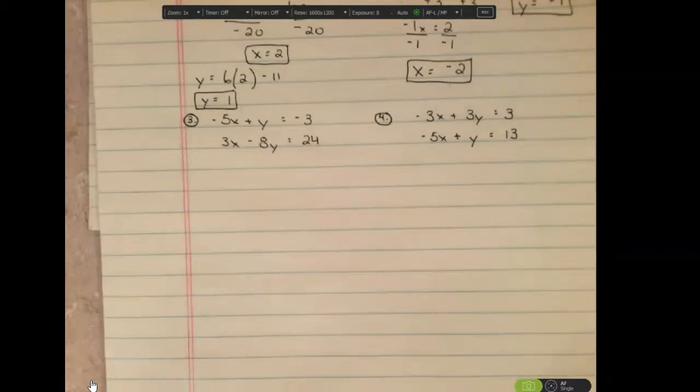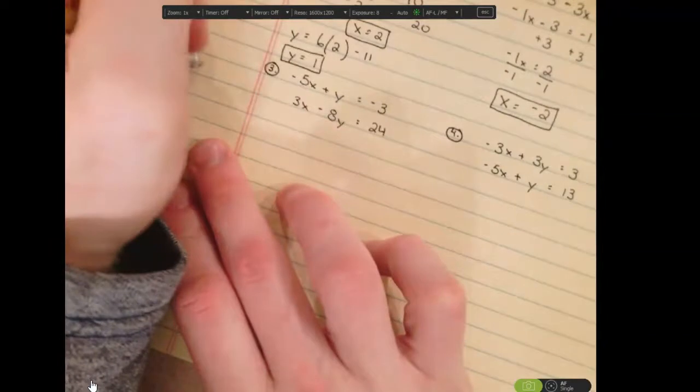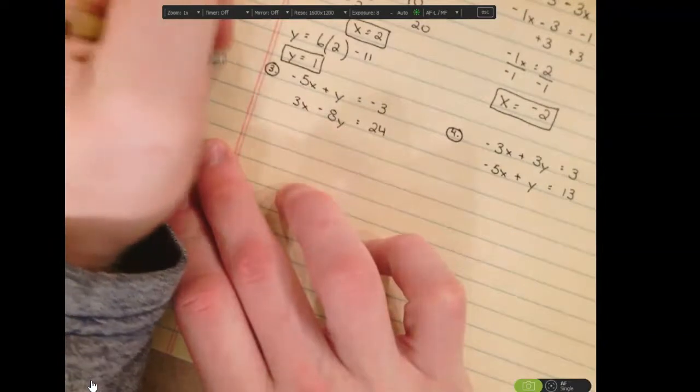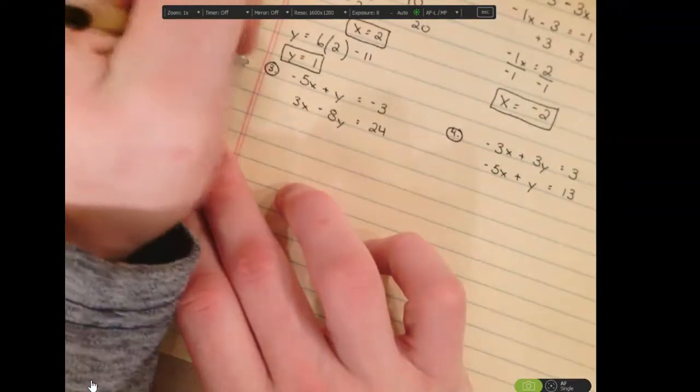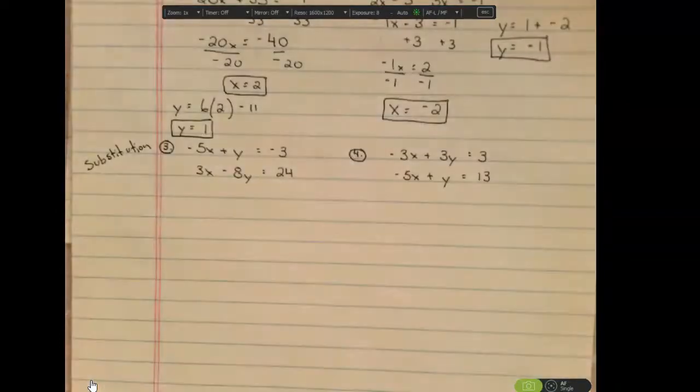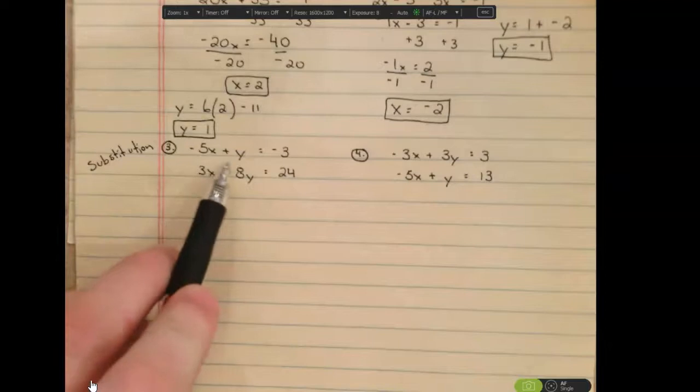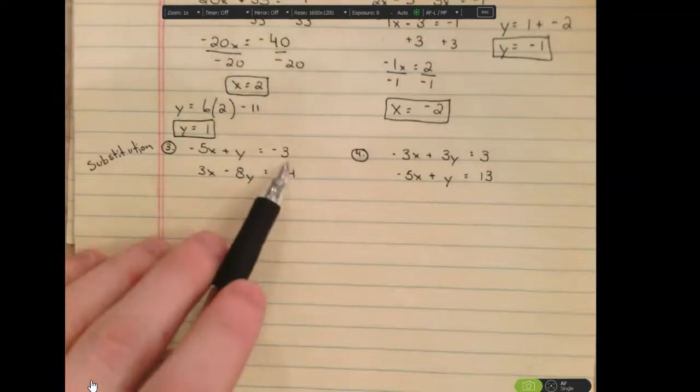Let's pick up on number 3 here, and again, still want to keep up with that same theme of getting a variable by itself. And I've already noticed on this one, again, we're going to solve through substitution. I've already noticed on this one that one of my variables, there's no number out front. I've got -5x plus y equals -3.